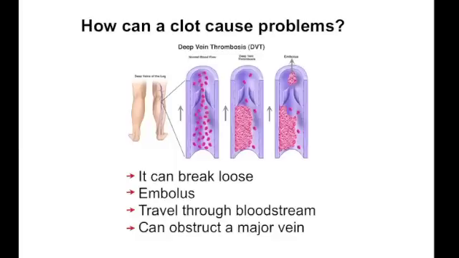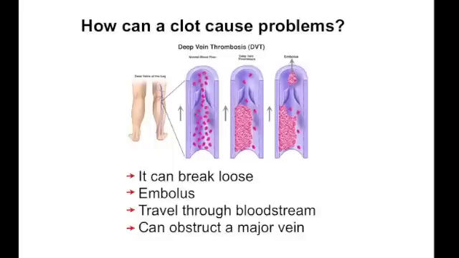Well, I have this illustration here, and it's very basic, very simple. On the left hand side, you see the normal flow of blood cells going from the bottom to the top towards the heart. The middle drawing shows you a blood clot, a clump of blood cells all clumped together, and it attaches basically to the walls of the veins.